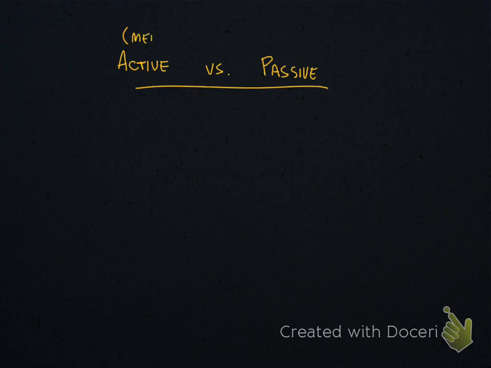The last thing I want to talk about is active versus passive immunity. So what is the difference between these two? With active immunity, we make memory. With passive, we don't get memory. So what are some examples of these?